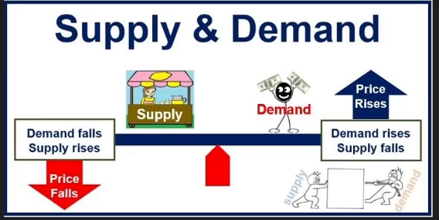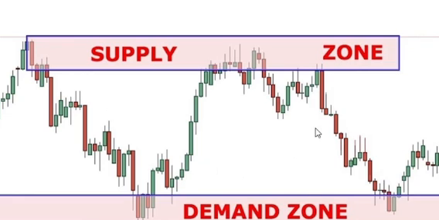So for example, on this diagram, you realize that whenever the market reaches a certain point, it reverses back to the previous point and then rises again, reverses, rises again.